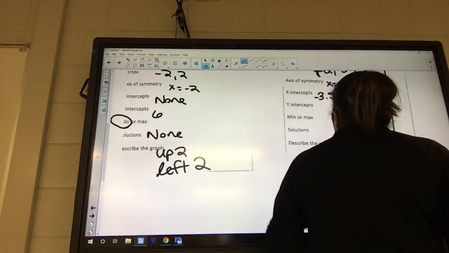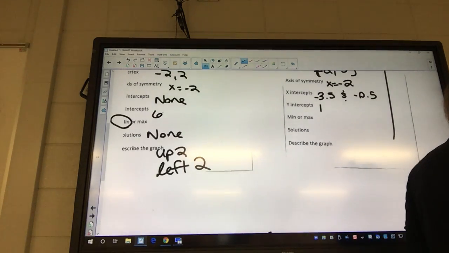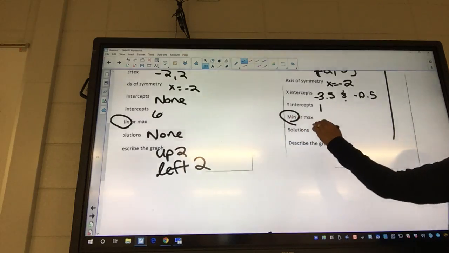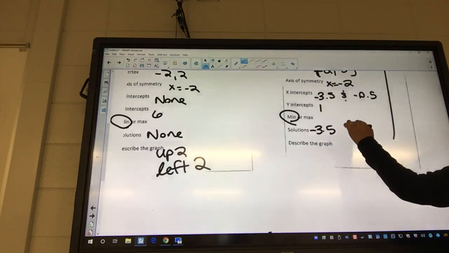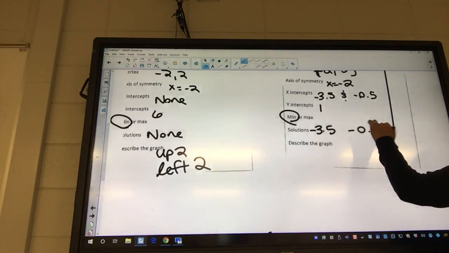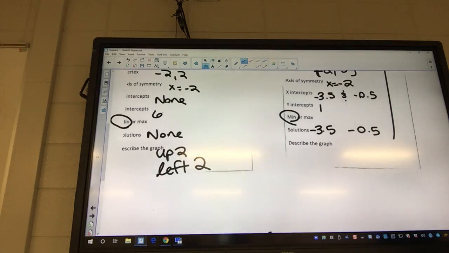Y-intercept. 1. Min or max. Solutions. -3.5, -0.5. Description.